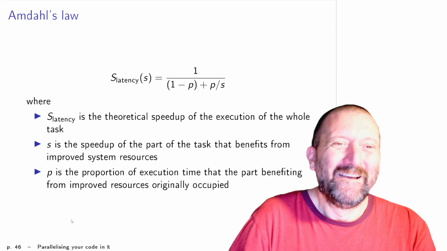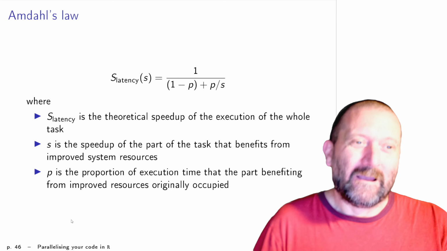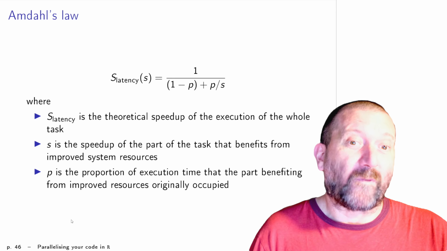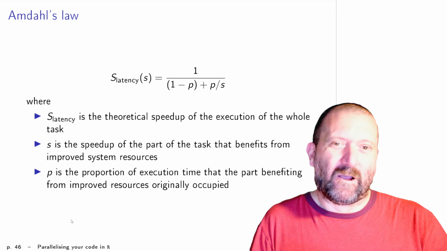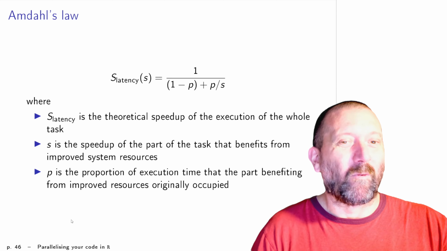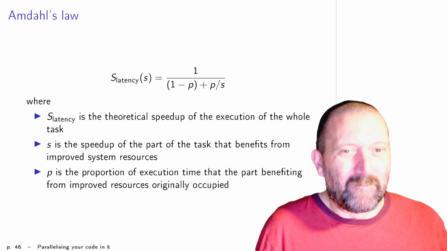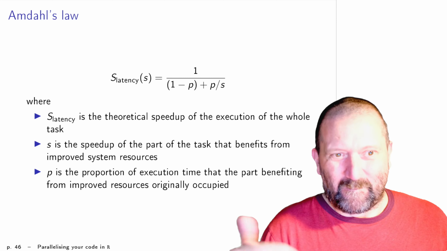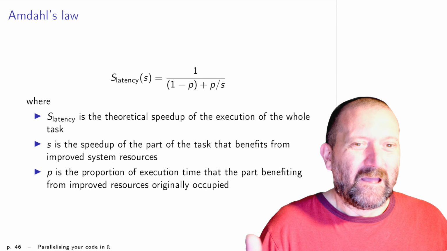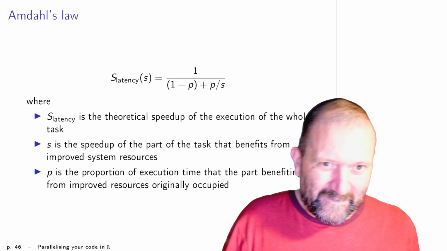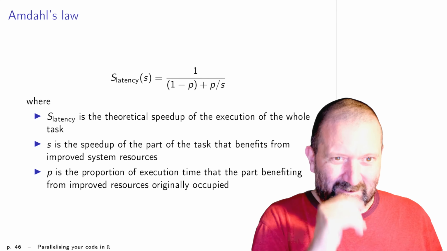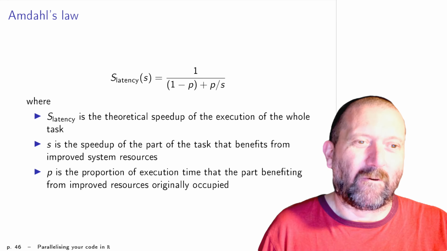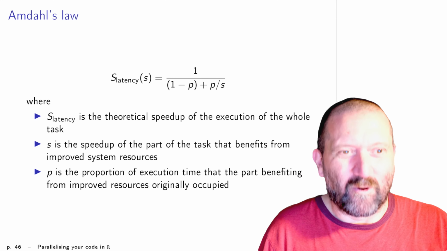This is a well-known property of algorithms that run in parallel, and there's a way to compute what speed up you get from executing a whole task in parallel based on what part is benefiting from being in parallel as compared to the proportion of the execution time that was already used.